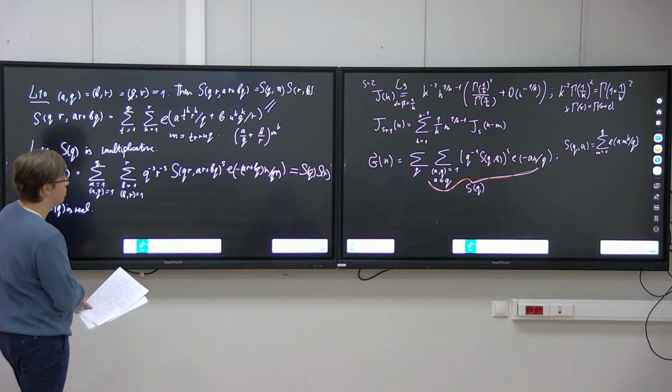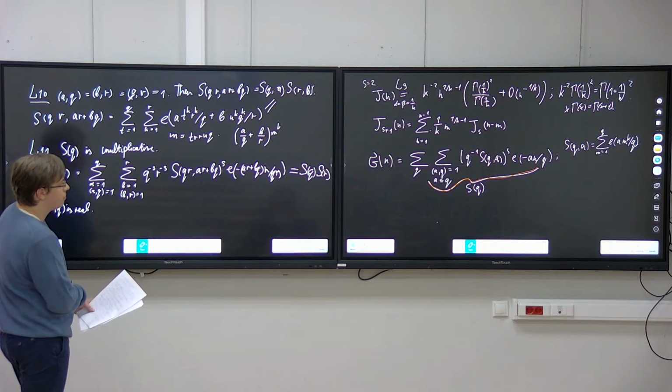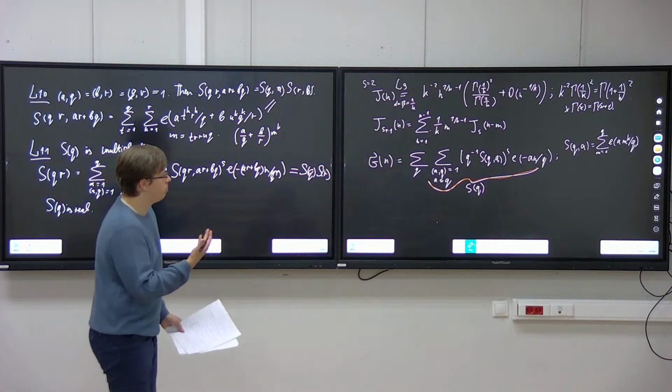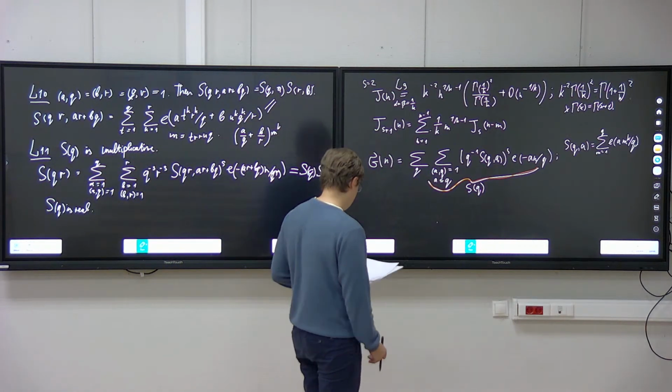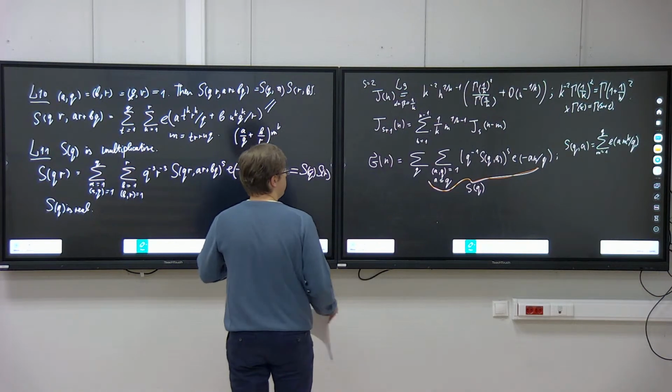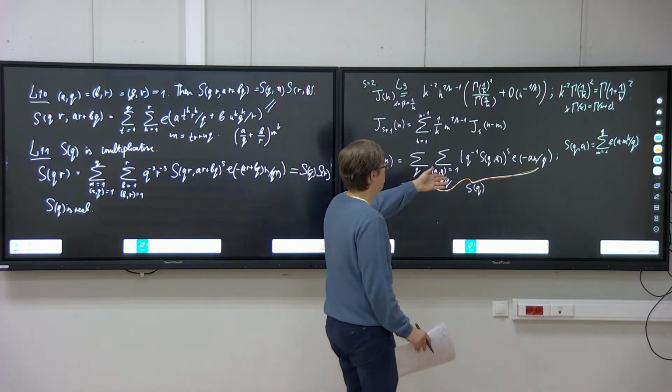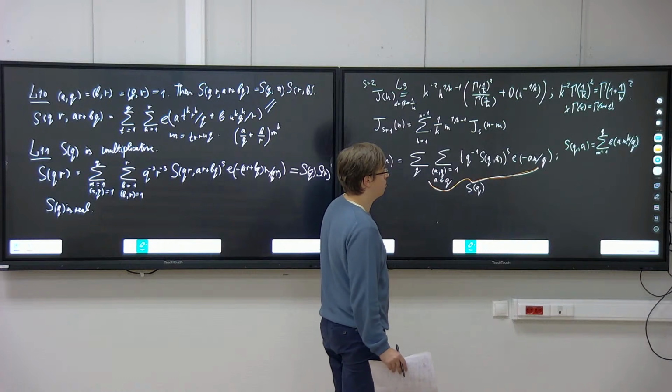How do we see it? I think if we change A to minus A, this sum does not change.